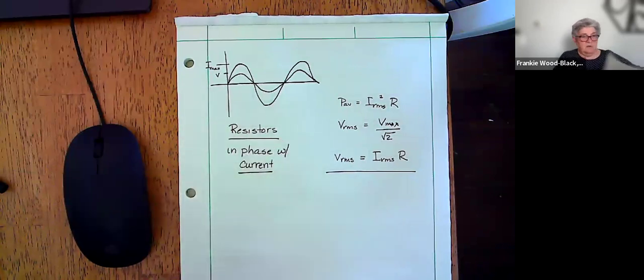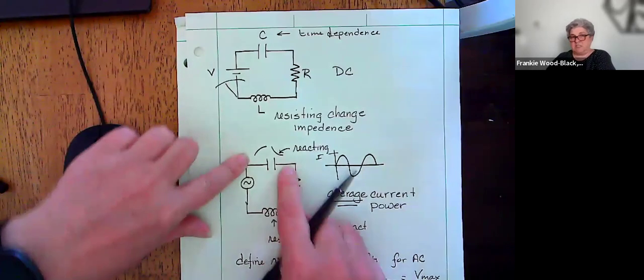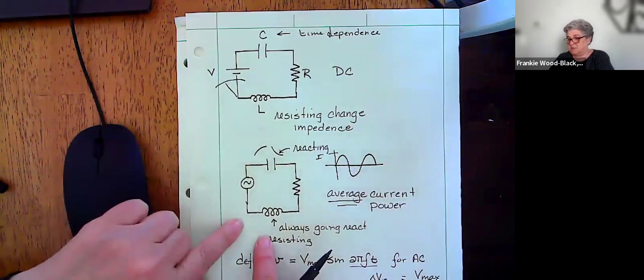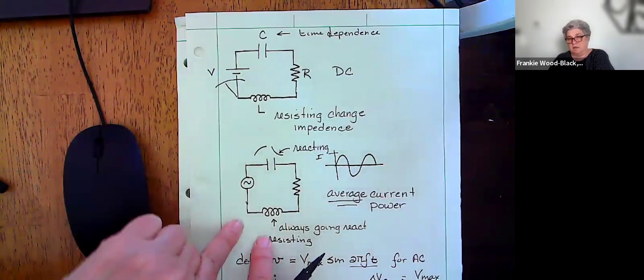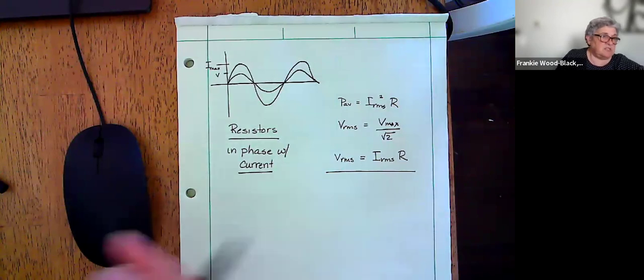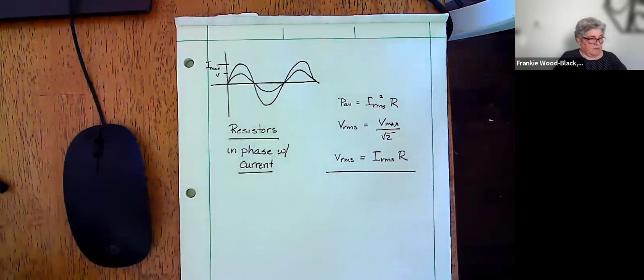But remember, we know that I have a time dependence with my capacitor, and I have a time dependence with my inductor. So when I'm doing capacitors, I'm going to do the same kind of thing. All right.